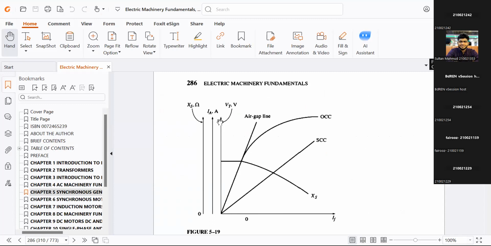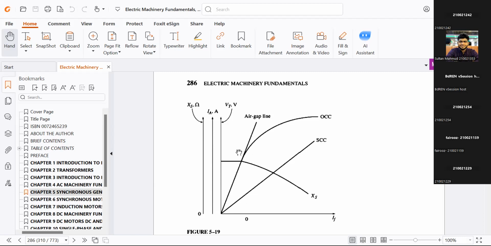This is the VT curve, VT axis, and they are plotting the two figures in the same graph. That's why it looks like this. And this is the second y-axis, IF versus IA. So that is this. You see, we have two regions.